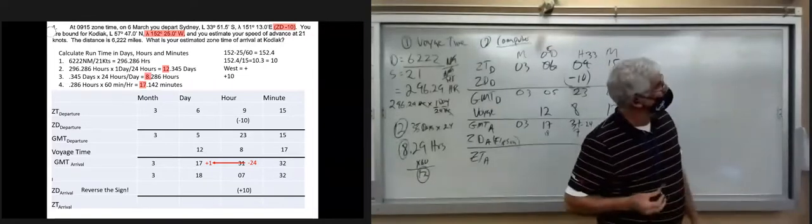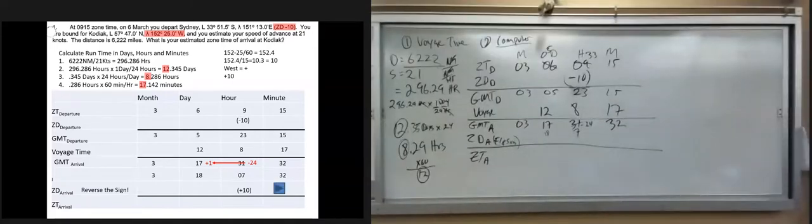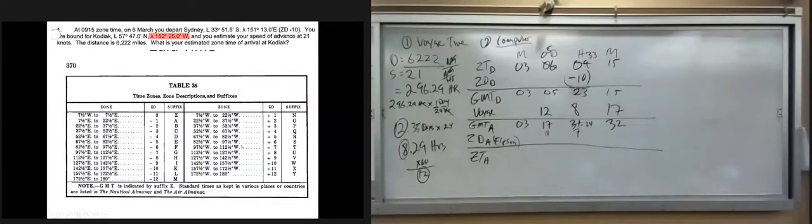So I'm going to go to my table. Am I west or east? 152.25 west.